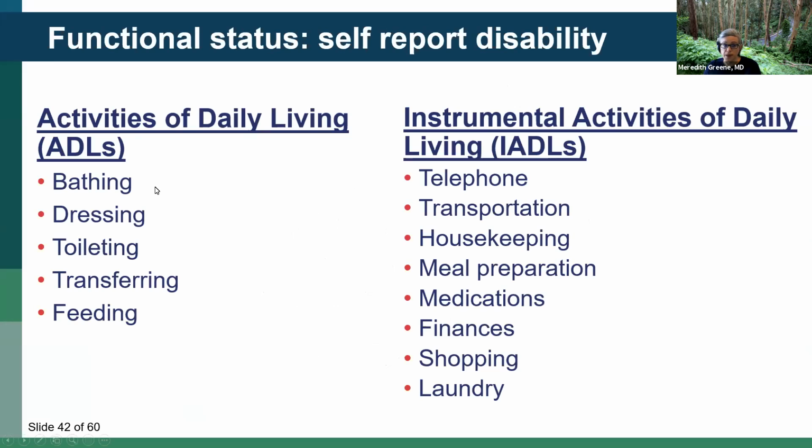So ADLs, as many of you are aware, are basic tasks like bathing, dressing, toileting. IADLs are things like managing medications, getting to appointments, doing your finances. If someone is having difficulty with 2 or more of these things on the left, they probably are needing 24-hour assistance. Whereas on the right, you might be able to get someone in-home support services or other intermittent services to help address these needs.